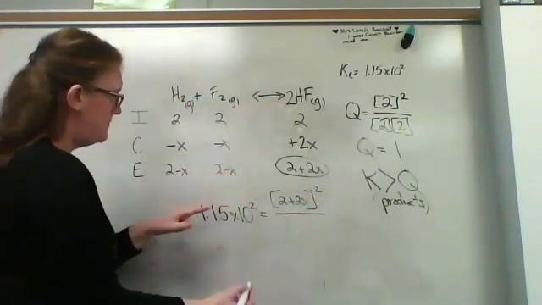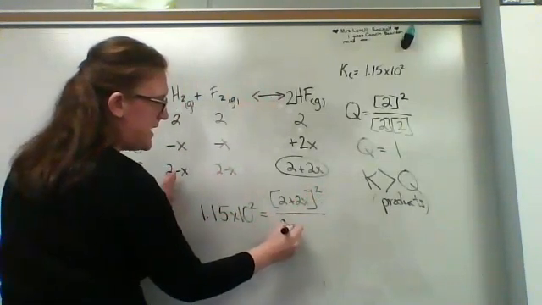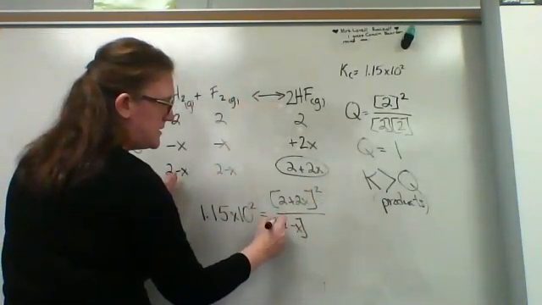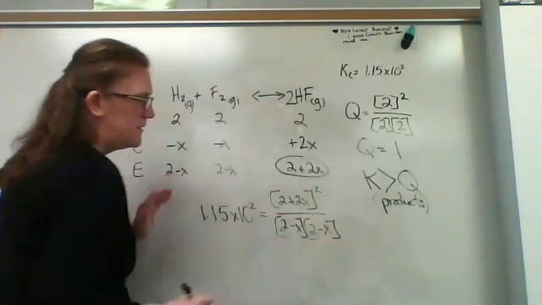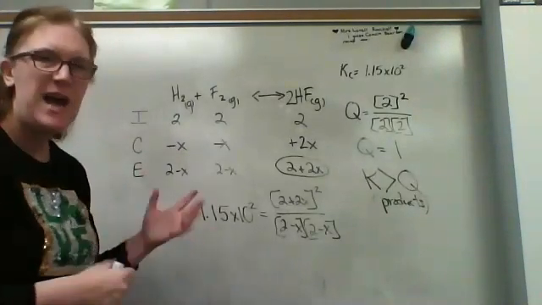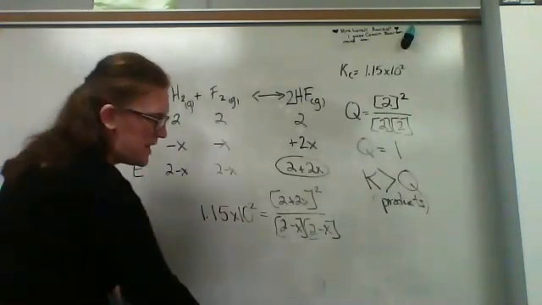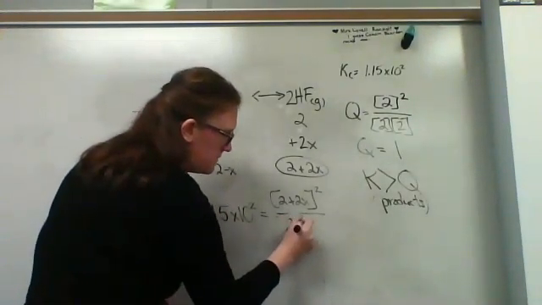Divided by, and then we're going to do our reactants: 2 minus X times 2 minus X. I'm going to go ahead and make that a square. I'm going to say 2 minus X squared.